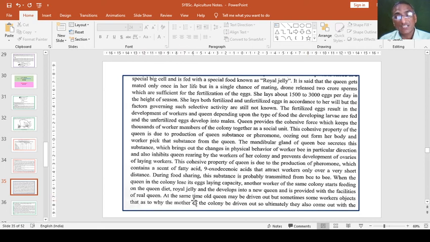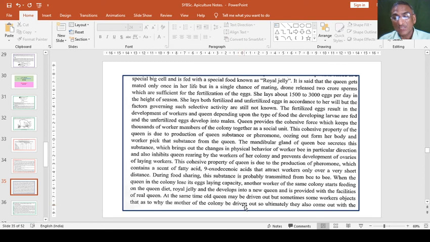At the same time, the old queen may be driven out of the comb or hive, but sometimes some workers object as to why the mother of the colony should be driven out.